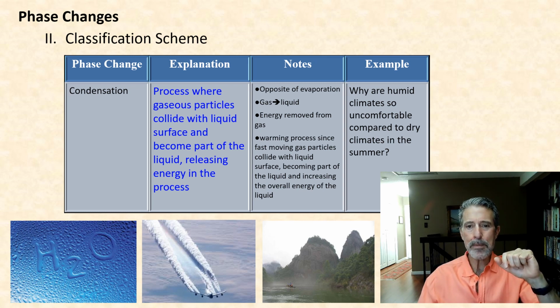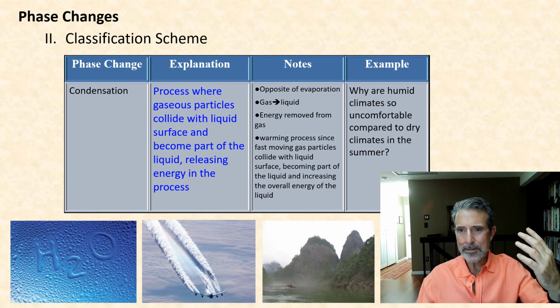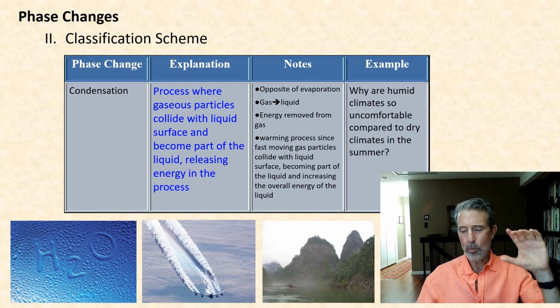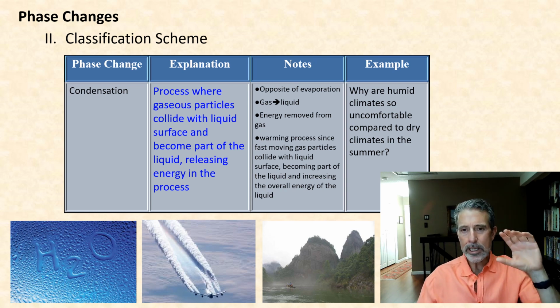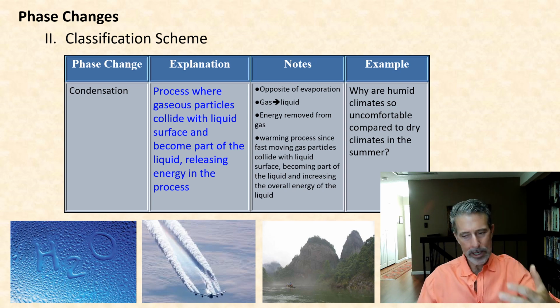Well, when we talk about a humid climate, which can be very uncomfortable in the summertime, or even in the wintertime for that matter, the gaseous water molecules in the air can now condense on your skin. And as we just said, when they do that, they release energy to your skin and to your body, warming your body up. That's uncomfortable.